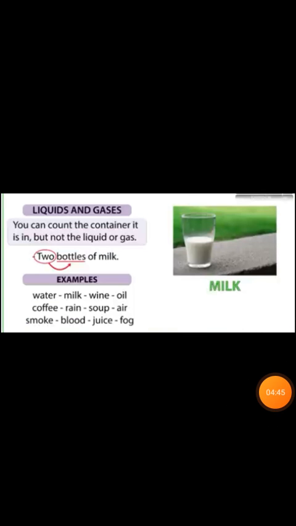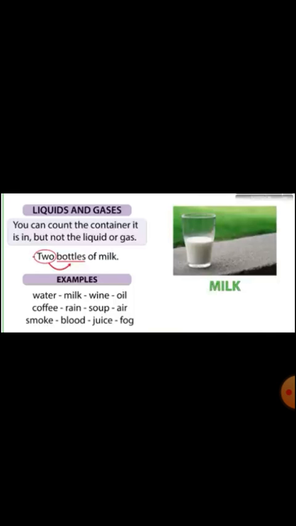Next point: we cannot count liquids and gases. These are all uncountable nouns. We can count the container it is in, but not the liquid or gas. For example, we say 2 bottles of milk.